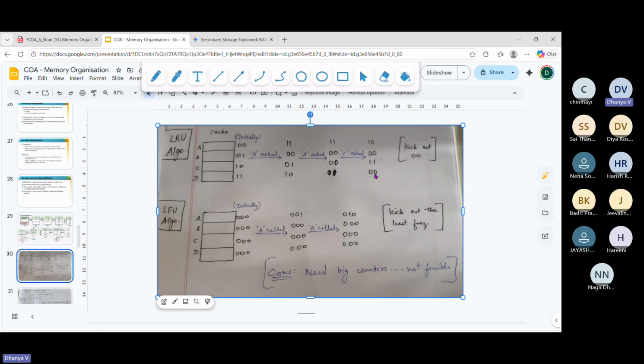You have to kick out the 0, 0, because that is your least recently accessed block, right? Your 1, 1 is your most recently accessed. You just accessed it right now, so you're assigning it the highest value, in terms of binary digits. So is this part clear?